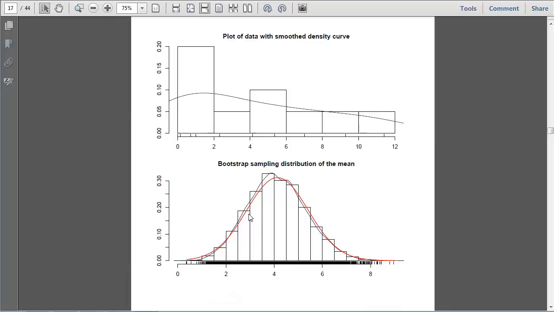And then below, I've drawn resamples from these 10 observations and calculated a mean of 10,000 different resamples. And that is the black histogram with the black density curve here. And the normal distribution is the red curve here. And we're asking, does that black curve look like the red curve?